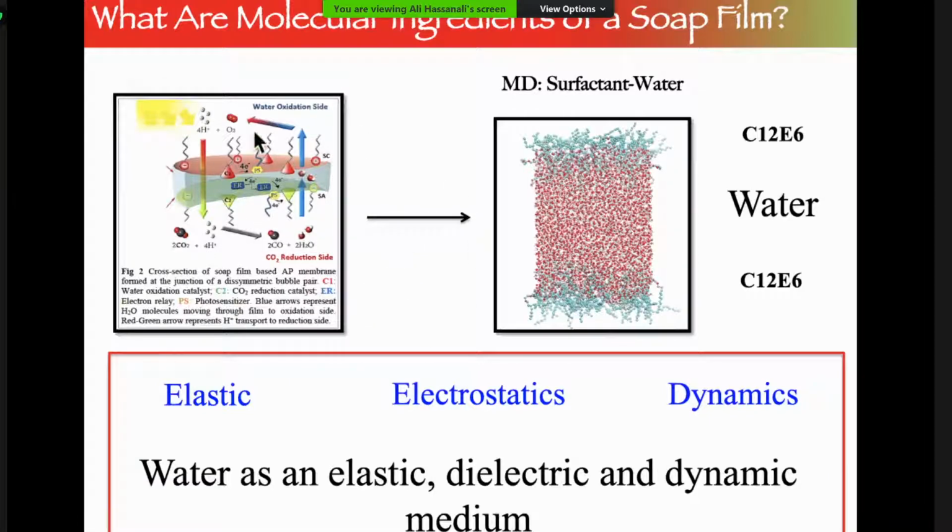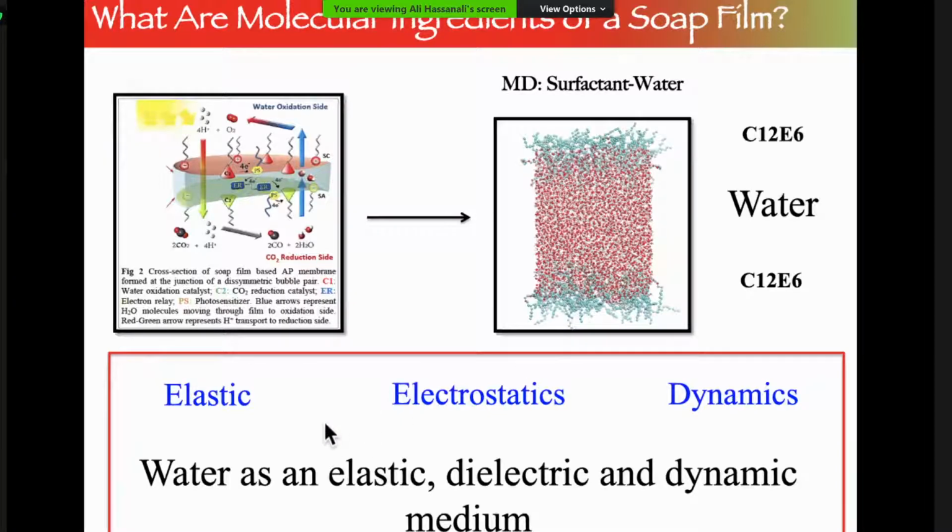What we've been trying to do is to dissect this junction of the soap film and give some fundamental characterization of all the magic that happens in this sandwich here. What I'm going to show you today are mostly results coming from molecular dynamics simulations of a specific surfactant, C12E6, in contact with water.